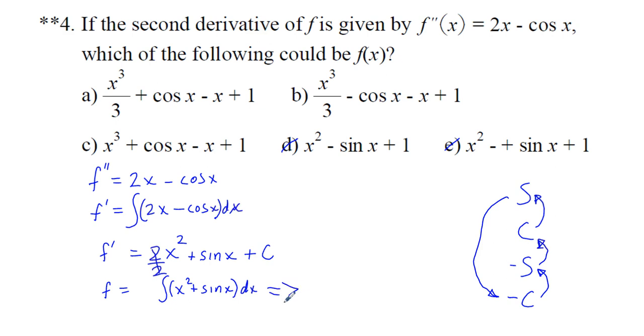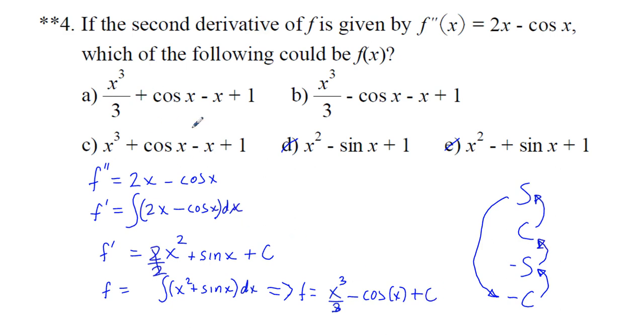And working to the right, let me just write f equals the integral of x squared, which is going to be x cubed. We're going to divide by 3, and the integral of sine is going to be negative cosine. So I'll put minus cosine x and plus c.